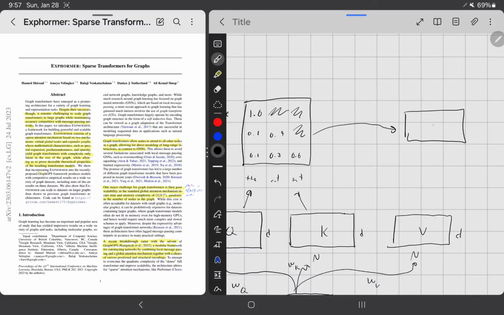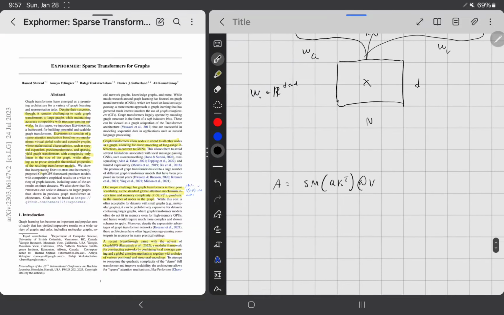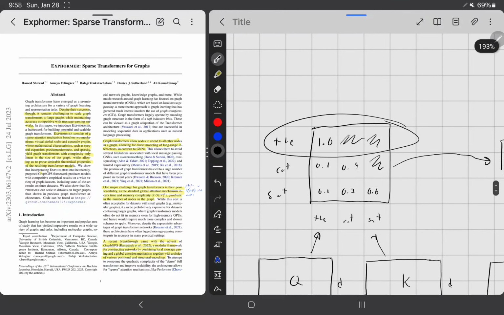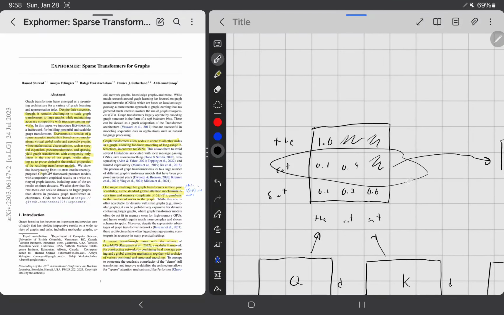So this will be, say, y. So your attention times your values. And basically the second one is going to be composed of 10% of the and 90% of the cat. And then the last one will be 10% of the, 30% of cat and 60% of sat right here.